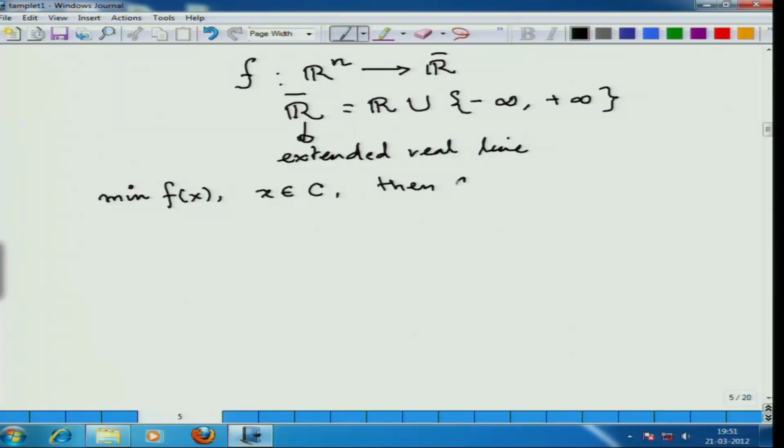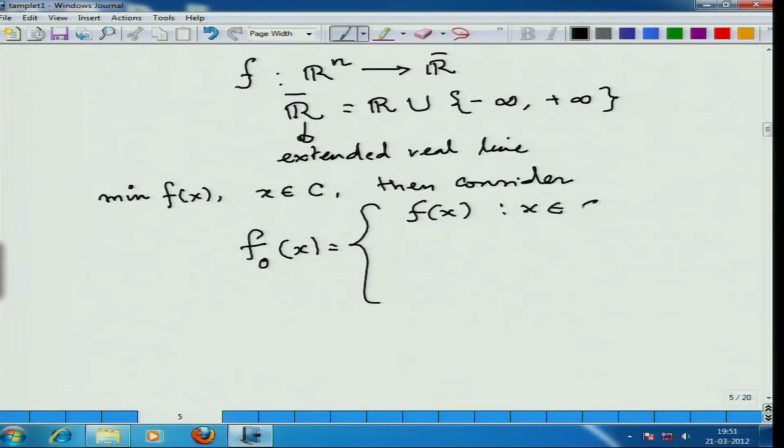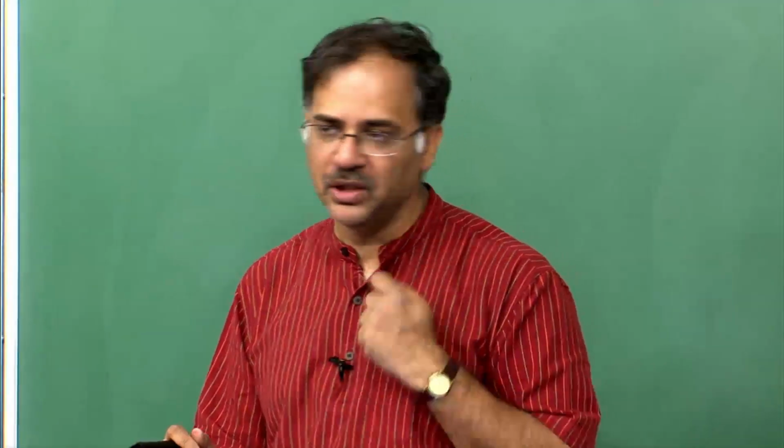Then consider this function, which takes the value f(x) when x is in C and takes the value plus infinity when x is not in C. Though you might find it a bit difficult in the beginning to appreciate this, those who have an exposure to undergraduate nonlinear optimization would possibly realize that this is what is called a penalization: if you violate the constraint, I impose an infinite penalty on you.